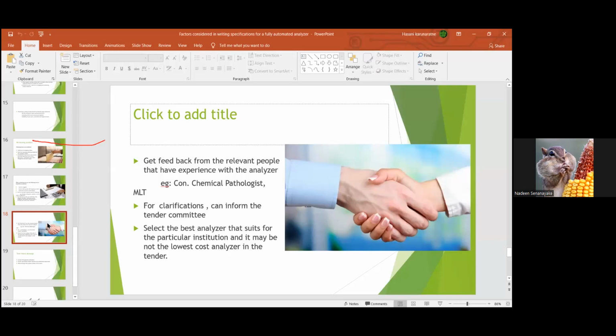We can't add new specifications. We can get clarifications on what we have already given as our specification.